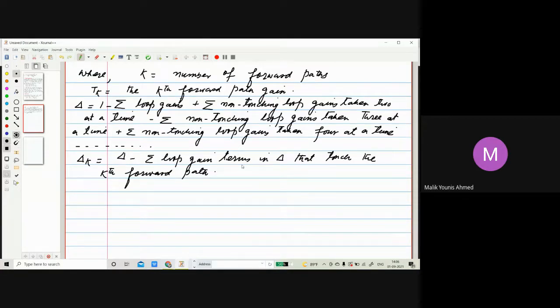In other words, delta k is formed by eliminating from delta those loop gains that touch the kth forward path. It's a very simple thing. Or I will write that down also.